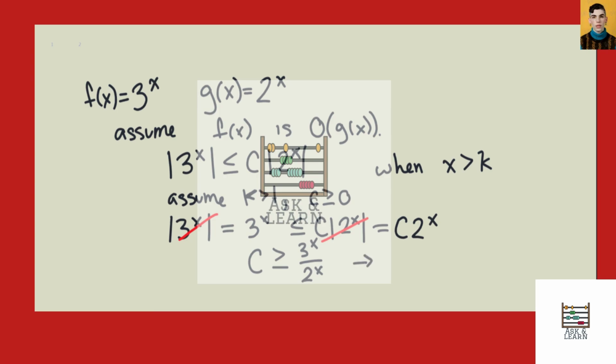Okay, well, that's the same as saying c is greater than or equal to 3 halves to the power of x. And if you solve this for x, you get that x must be less than or equal to log base 3 halves of c.